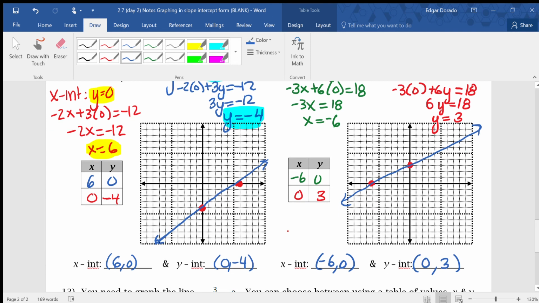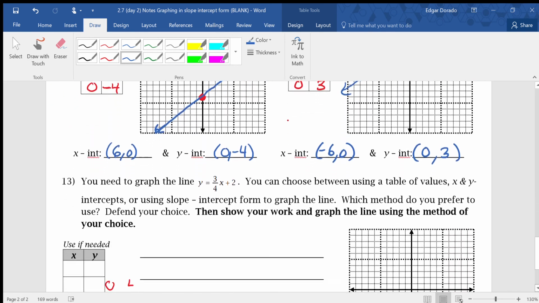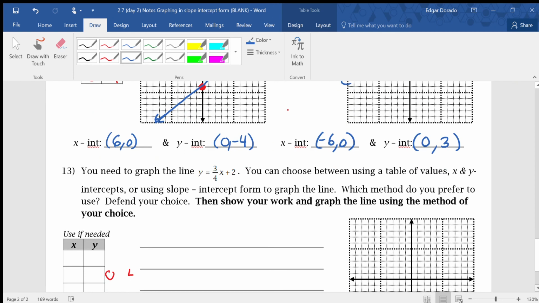So hopefully you guys got similar answers for this. Just remember, guys, whenever you're looking for an x-intercept, you have to substitute in 0 for y. And the exact opposite: if you're looking for the y-intercept, you substitute in 0 for x. Okay? All right. Let's take a look at this last problem together, and we will be done for this video.